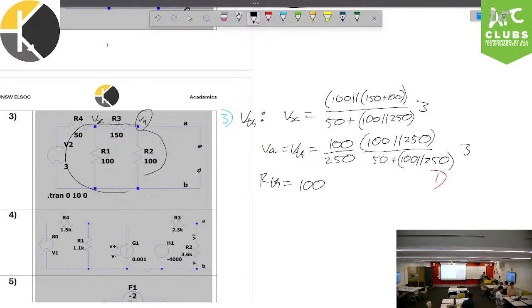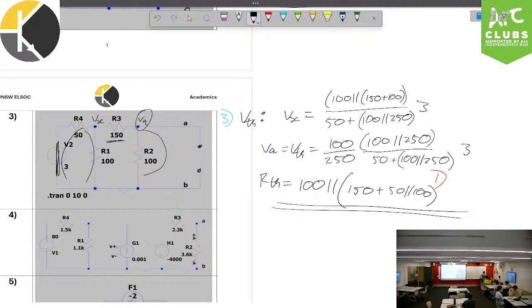So we begin with 100 parallel to everything else. We'll begin with a 150, but then it branches up into 2 parallel lines. Mind you, we are short-circuiting this because it is a voltage source. That is how we turn it off. So now the 50 is parallel to the 100. Okay? And bam! That is our R Thevenin.